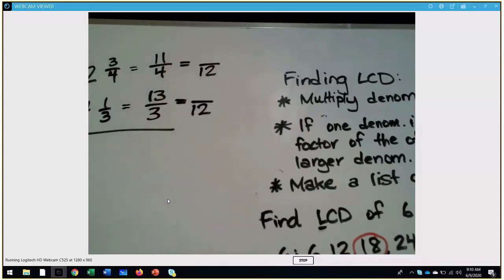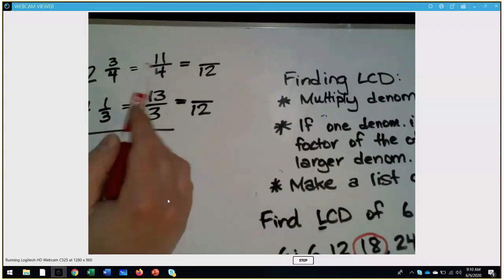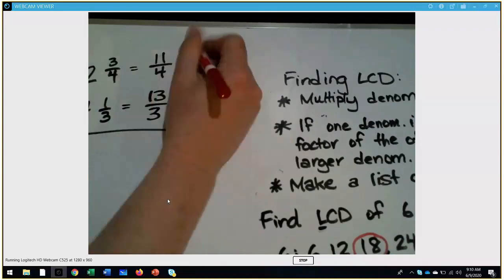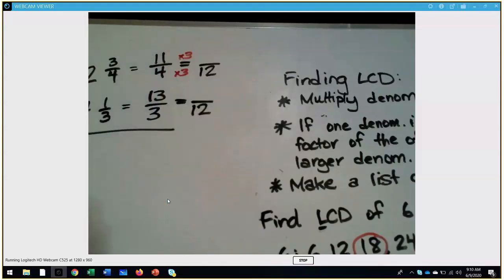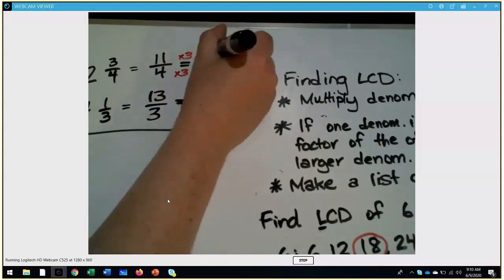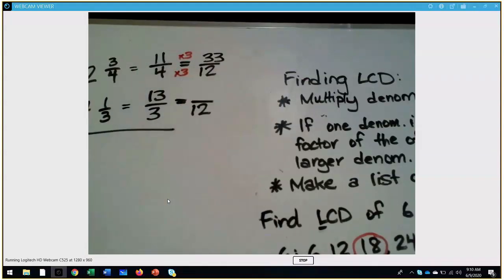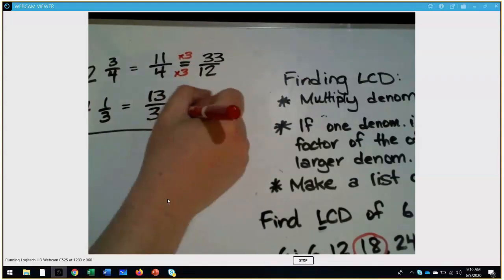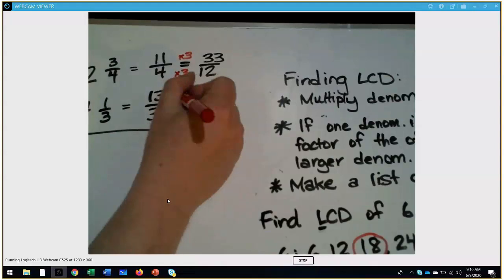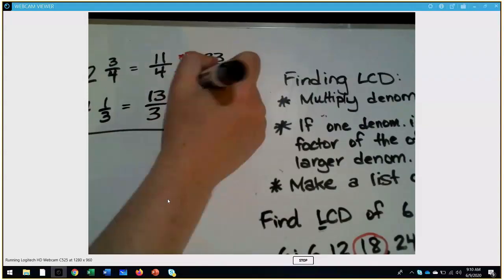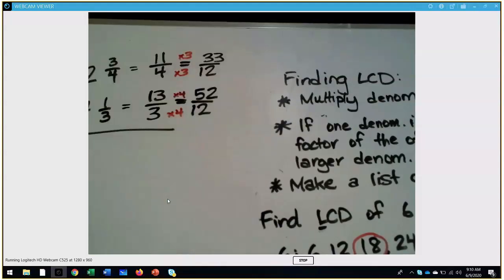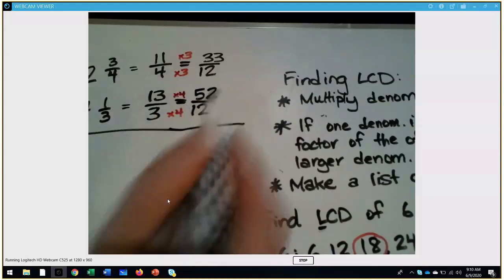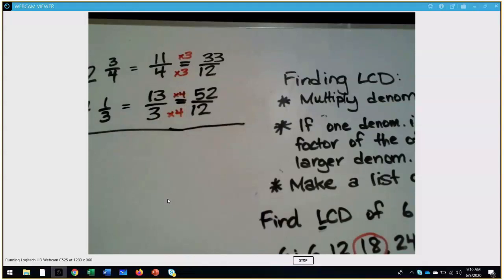And then we need to convert the numerators to match. So this is times 3. This is times 3. This is times 4. So this is times 4. Okay, now we're adding.